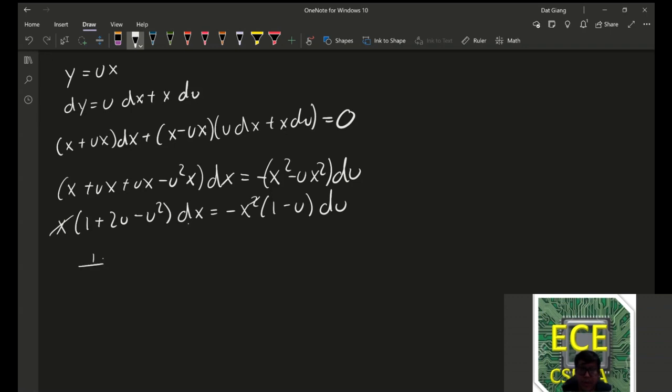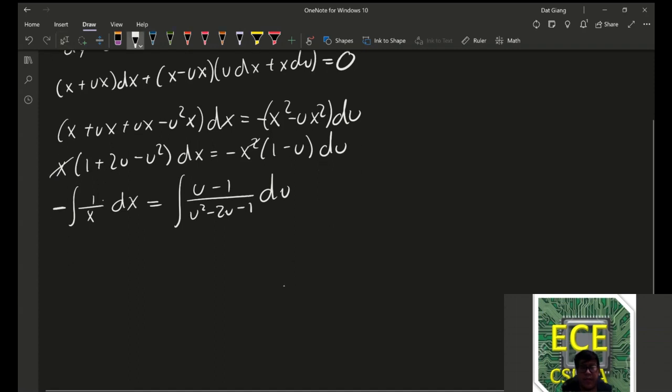We're able to have 1 over x dx equals to 1 over... I'm going to apply the negative here, so we have (u minus 1) divided by, so I'm going to apply another negative, it's going to be u squared minus 2u minus 1, the integral, and this negative I'm going to move over here. Now, we get negative ln of x plus c equals to the integral of (u minus 1) divided by (u squared minus 2u minus 1) du.